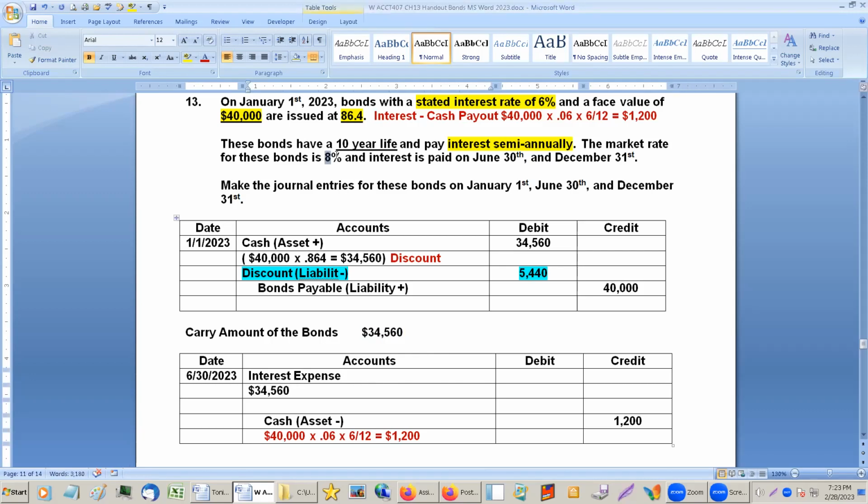And notice that the market interest rate was 8%, which is why it's a discount, because we're only paying out 6%, they want 8%, so they bought the bonds from us, but they didn't give us the full amount.